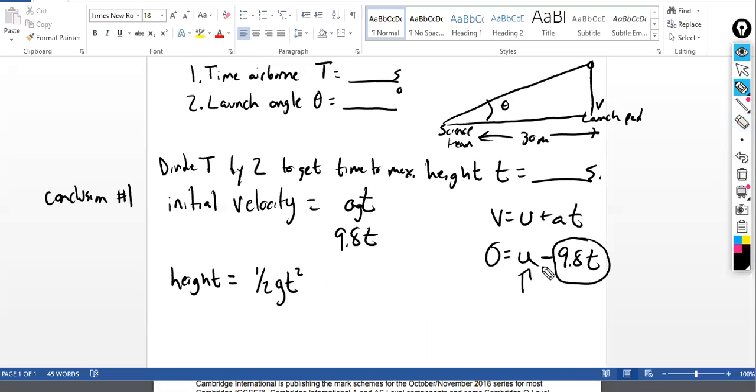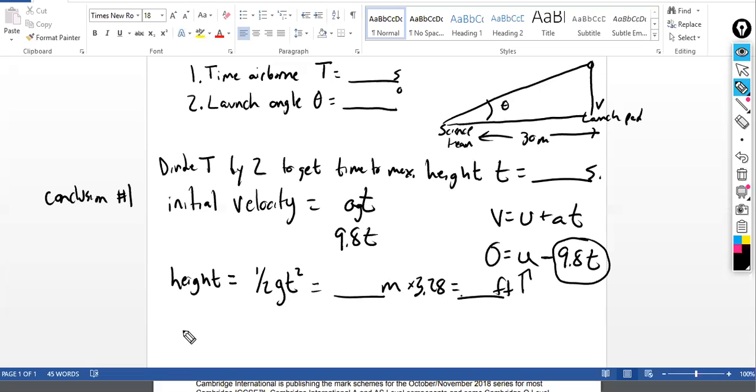All right, so the same lowercase t that you calculate here, square it, times it by 9.8, and then divide it by 2, or times it by 1/2, and that'll be the height. That's also going to be in meters. And then you can multiply that by 3.28, and it will turn it into feet. There's 3.28 feet per meter, so meters cancels out, will be in feet. So report your height both in meters and in feet.